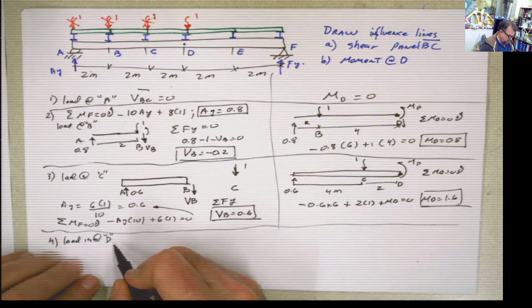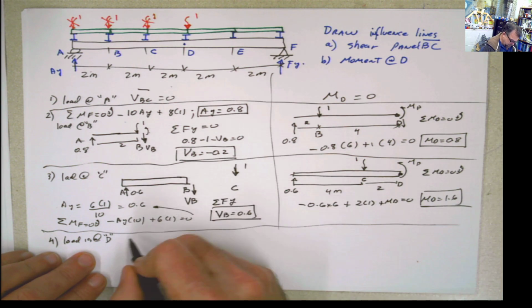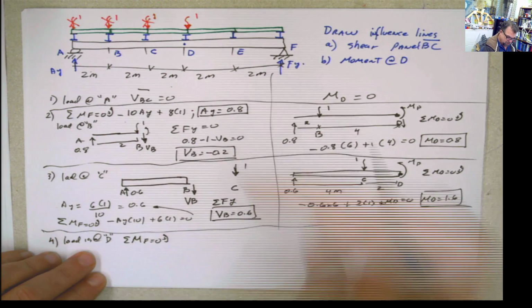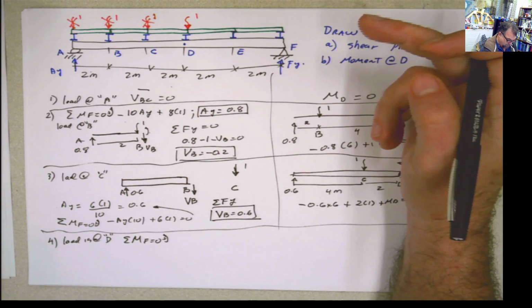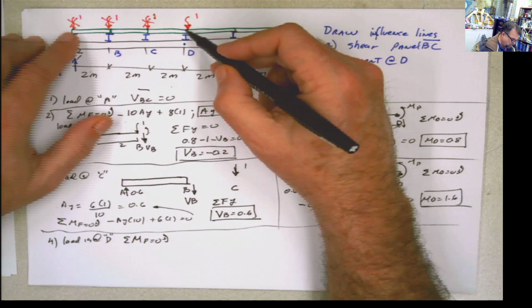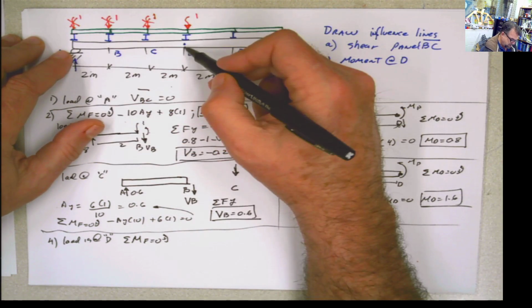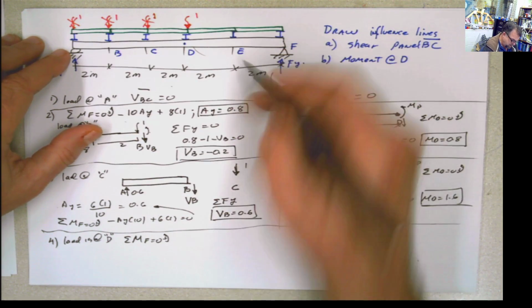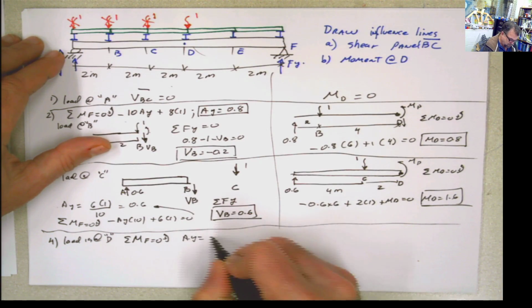So if I do that, you do again summation of forces, summation of moments at F equals 0 globally, just to calculate reactions. But if you were paying attention to whatever I was telling you, the reaction at this point, because this distance is bigger than this distance, is going to be this one, 4 divided by 10. So AY is equal to 0.4.